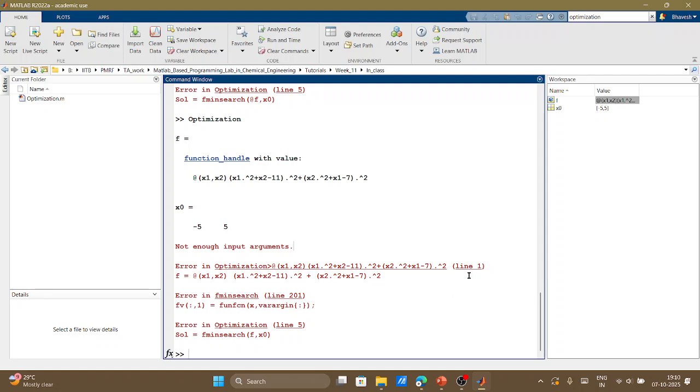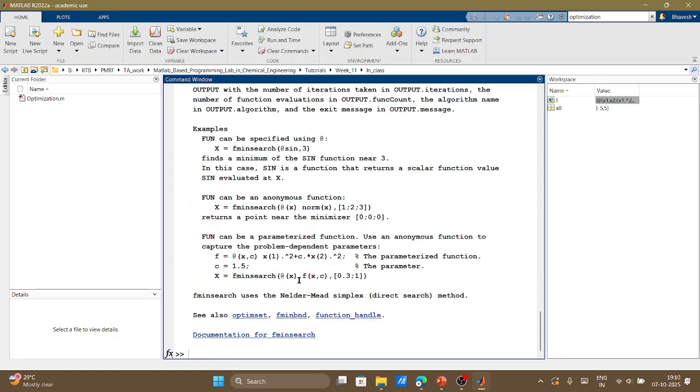Not enough input arguments. Just let me quickly do fminsearch help. Yeah, here. So we have provided the function.